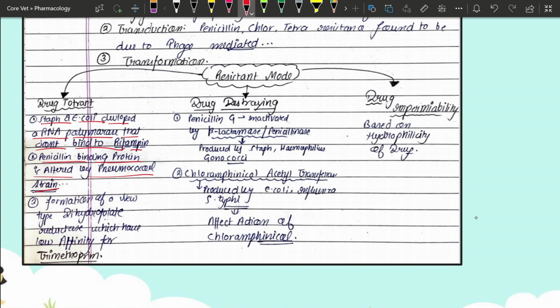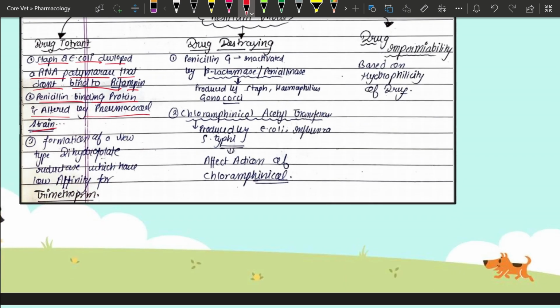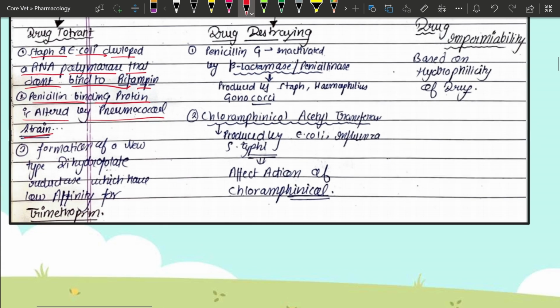What happened is that certain pneumococcal strains show an alteration in the penicillin binding protein, such that penicillin can't attach to the organism and show an effective response. That's how the drug is tolerated by the pneumococcal strain: they alter the penicillin binding protein on the surface of the bacteria.